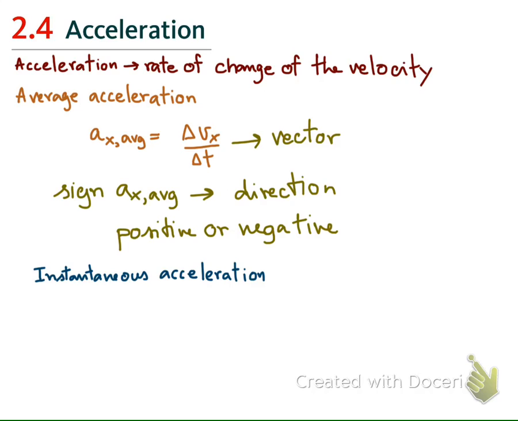Using the concept of calculus, we will write the instantaneous acceleration as the limit of delta t approaching 0 of delta Vx over delta t. Or using the calculus notation, it is dVx by dt.